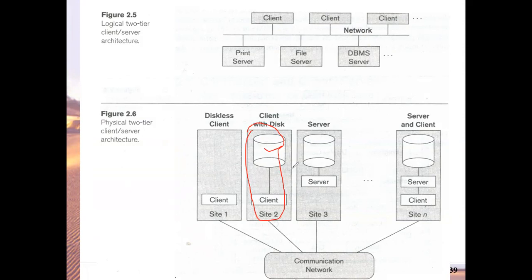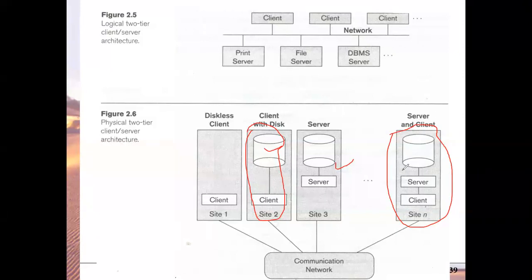Then third, at the third side, there may be a server. So here this server is purely a server. There is no client software in that. It just services the request of the clients which are connected remotely through other client machines. The fourth one is a typical PC which may have both the software installed, client as well as server software.